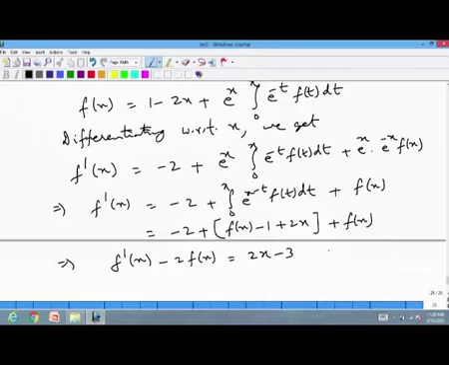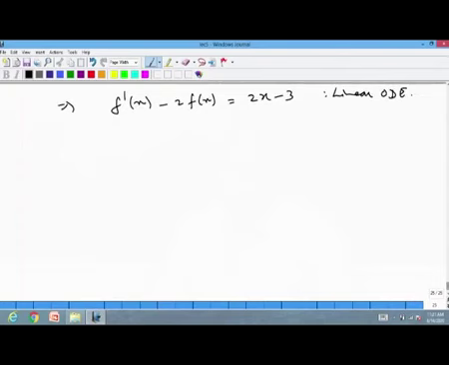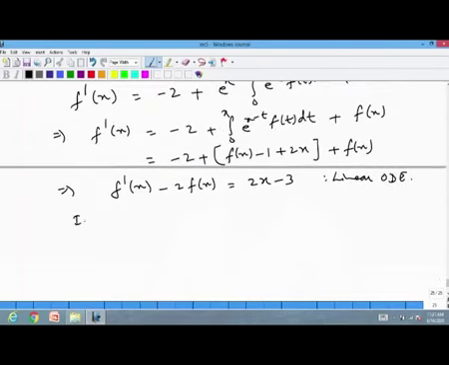Now, this is a linear ODE. So, what is the integrating factor here? Integrating factor is e to the power integral of minus 2 dx, which is e to the minus 2x.